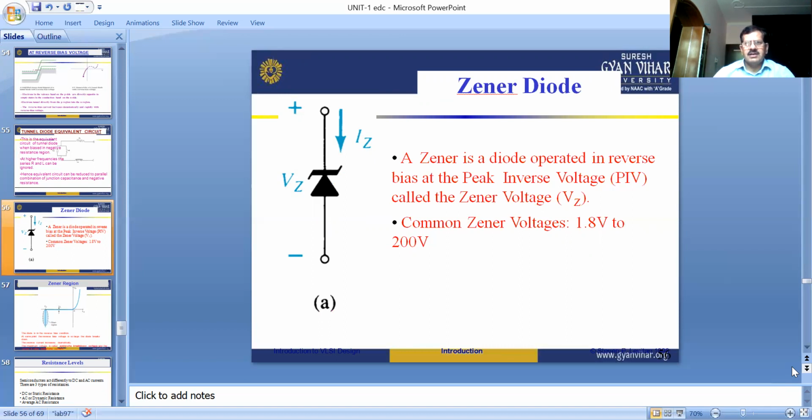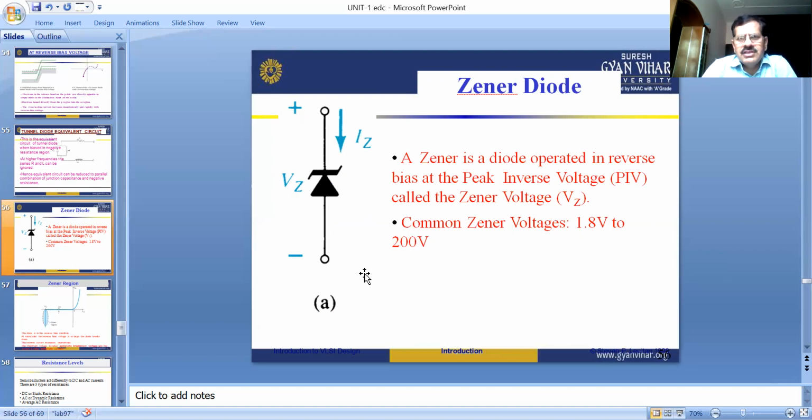We represent the Zener diode by this symbol. Here also there are two terminals, anode and cathode. Anode is the positive terminal and cathode is the negative terminal. Here IZ is the Zener current and VZ is the Zener voltage.